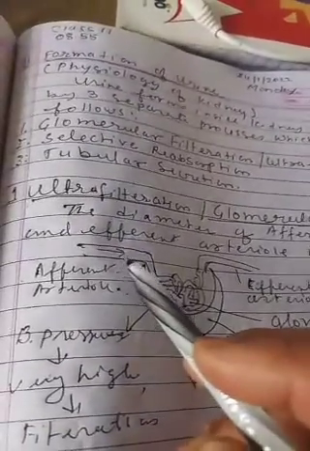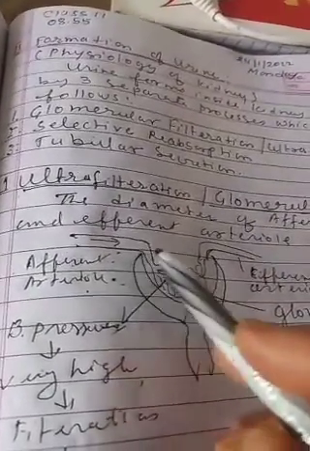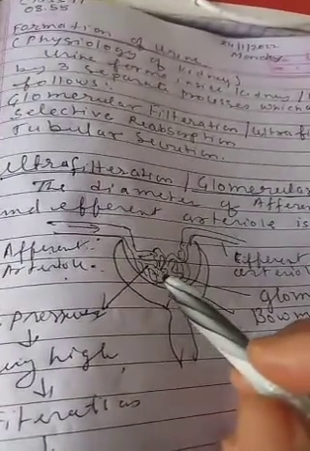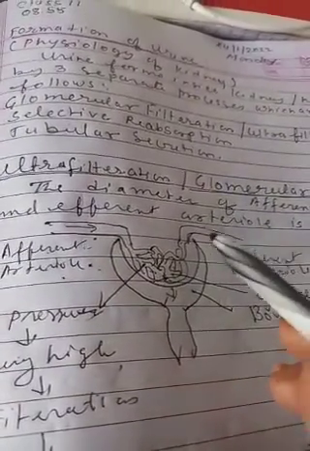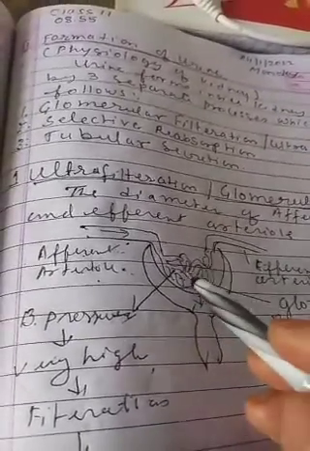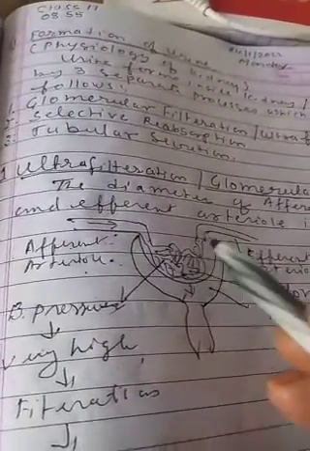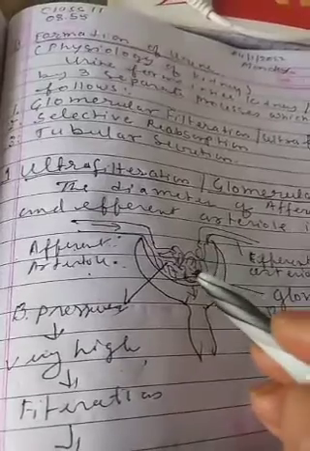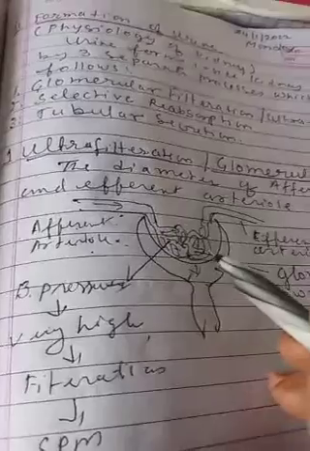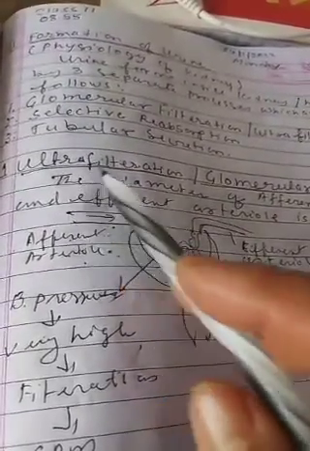Afferent arteriole brings blood inside the Bowman's capsule, but less blood passes outside, due to which blood pressure becomes very high, and due to this high blood pressure, filtration occurs. Therefore, this filtration is known as ultrafiltration.